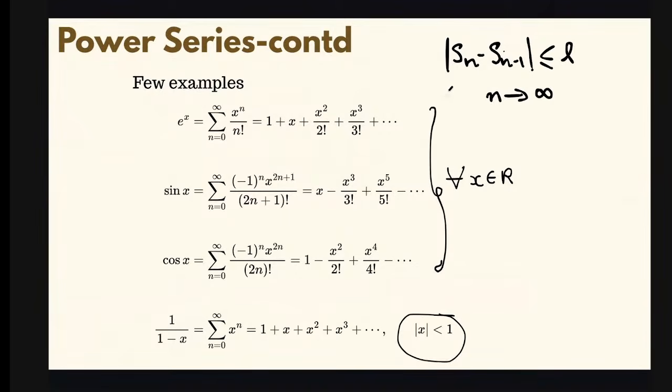That is one thing. And another thing could be the ratio test. Let's say you have this Sn, meaning the sum of terms. In the ratio test, let's say you have the anth term and the an minus 1th term. If this is less than 1, then the series is convergent.